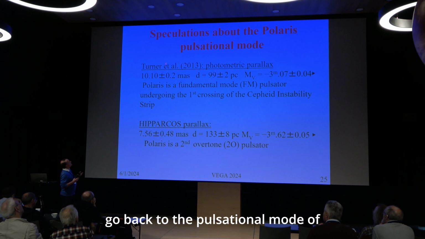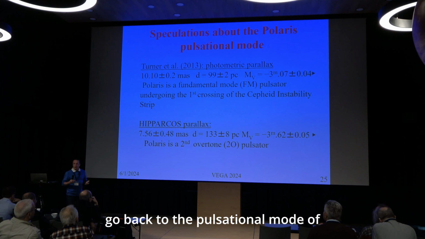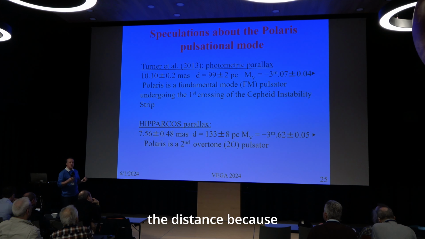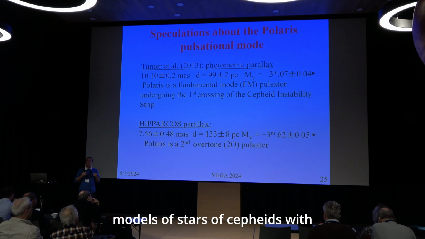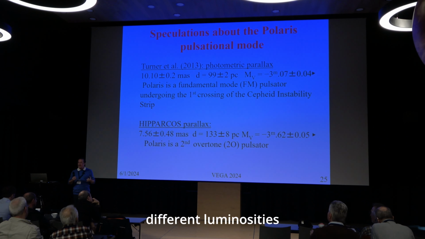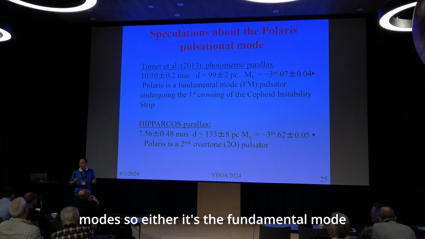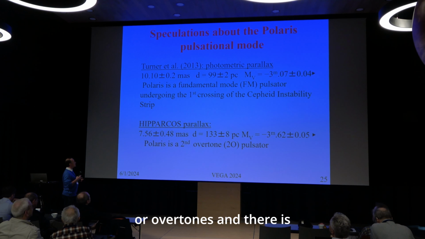Then if you go back to the pulsational mode of Polaris, it turns out to be dependent on the distance, because models of stars, of Cepheids with different luminosities predict pulsation in different modes. So either it's the fundamental mode or overtones.